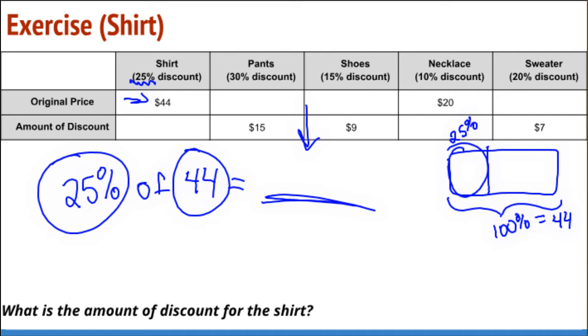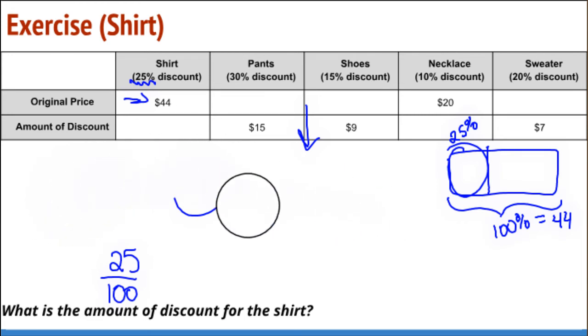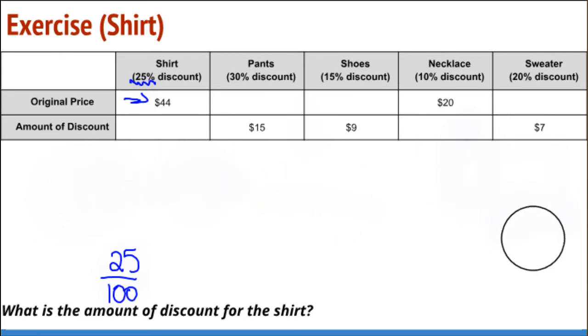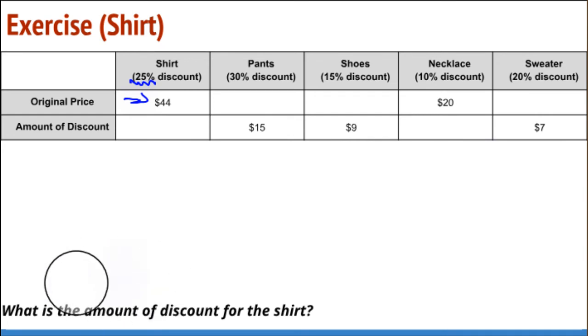So I know that I have 25 hundredths, that's my 25%. You know what, I'm going to bring this up here, 25 hundredths. And I know that it's going to be equal to an amount of the $44.